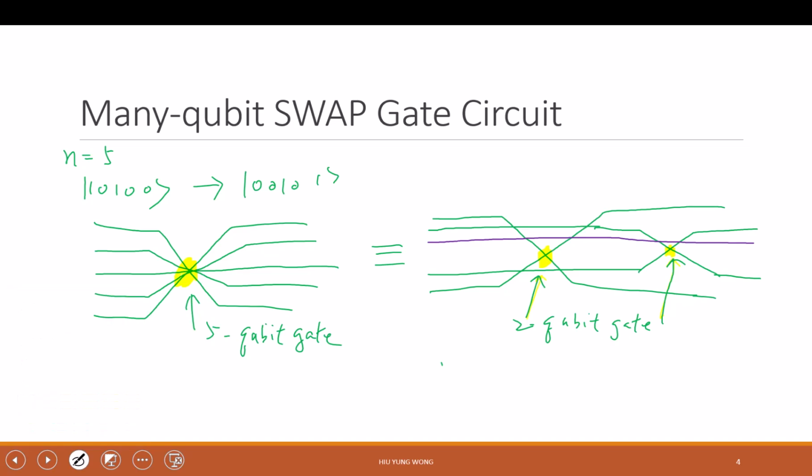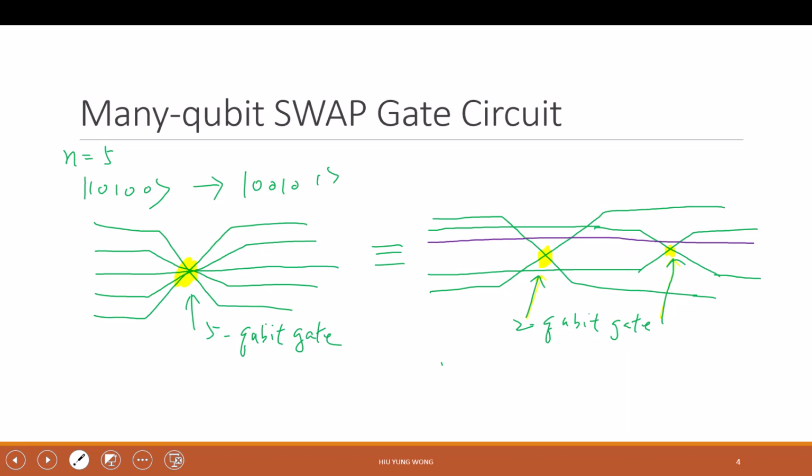Do you see what I'm trying to do? First, we swap these 2 qubits, and then we apply another gate to swap these 2 qubits. And for the last one, because it's odd, we don't need to swap it. It just swaps with itself, so it goes through.